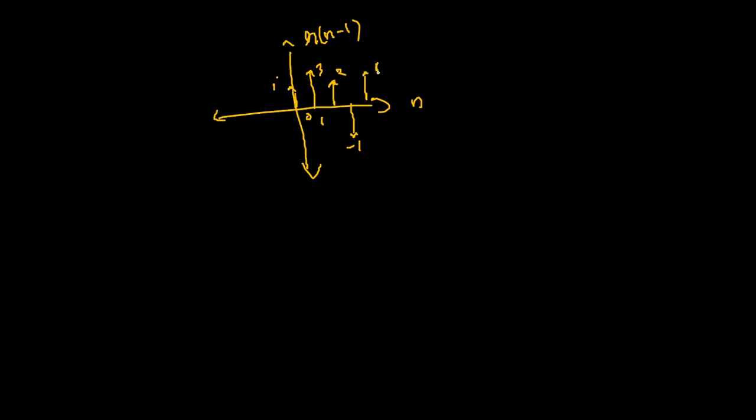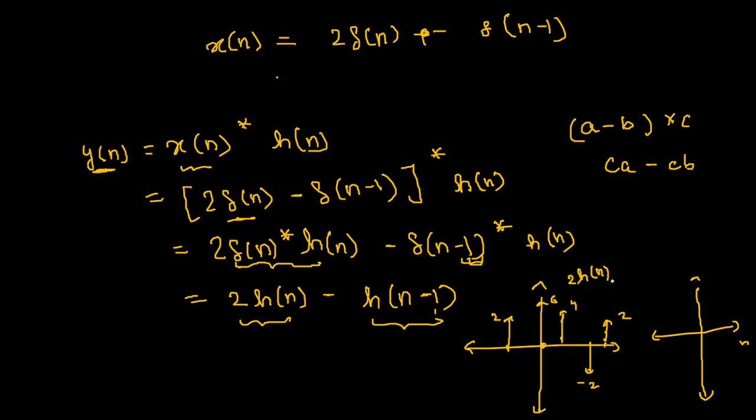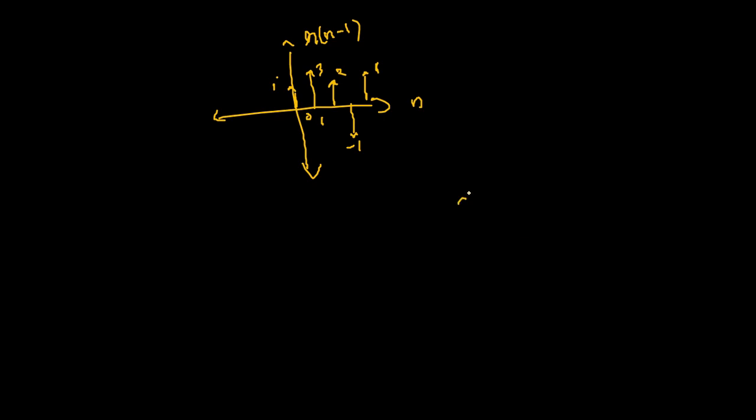So now let us subtract this, right? Let's subtract h of n minus 1 from 2h of n. So what we do for that is we subtract each value. So at minus 1, 2h of n is 2 and h of n minus 1 is 0, right?